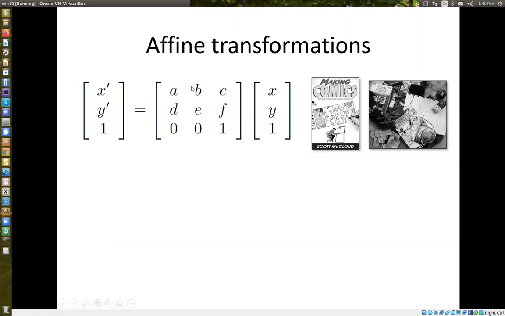So let's say if I am going to be more general, I will allow this projection to be an affine transform. Then, as you just mentioned, the last row here is 0, 0, 1. So in this case, I have 6 variables, right? How many matches do I need?